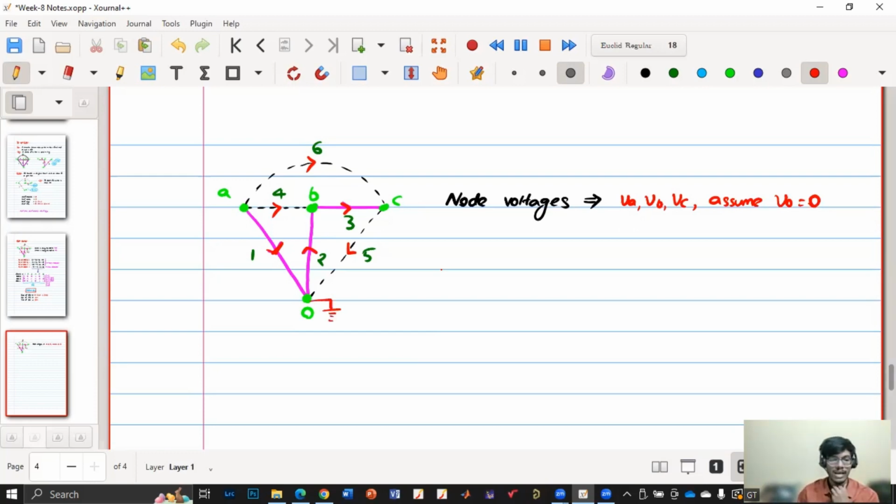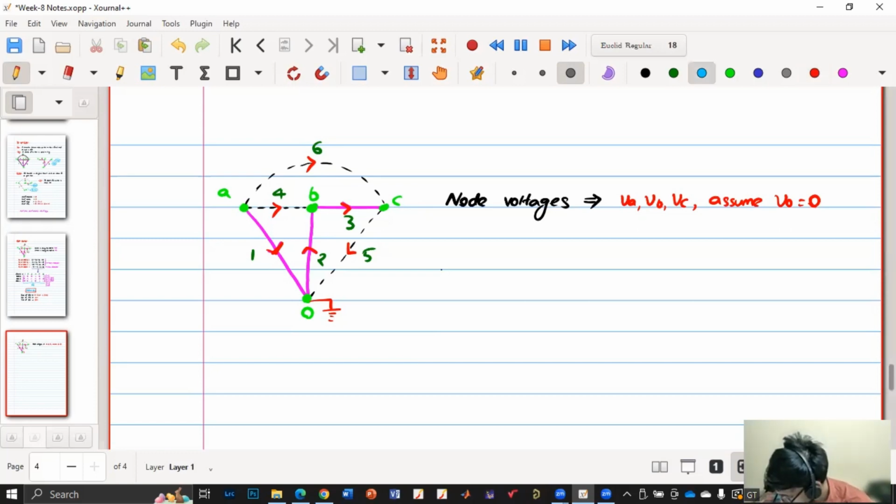Now we have to express our element voltages in terms of node voltages. What I mean to say is, what is VE1? VE1 is VA minus V0, which is VA. And VE2 is VO minus VB, which is minus VB. So we have to write those equations. Are you following how to get the element voltages in terms of node voltages?